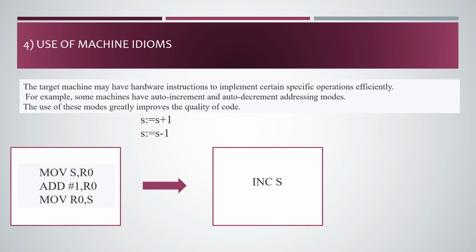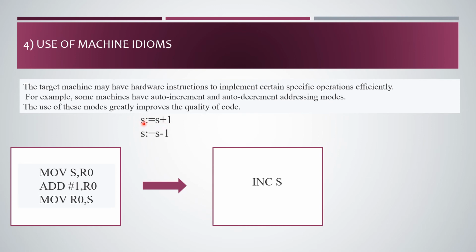The fourth technique used by the peephole optimization is use of machine idioms. There are some machines which have instructions to implement certain specific operations efficiently. Example, auto increment and auto decrement addressing modes. Consider an expression s is equal to s plus 1.